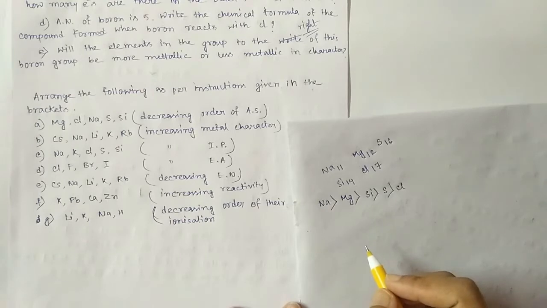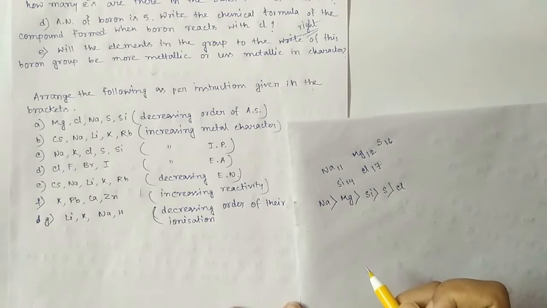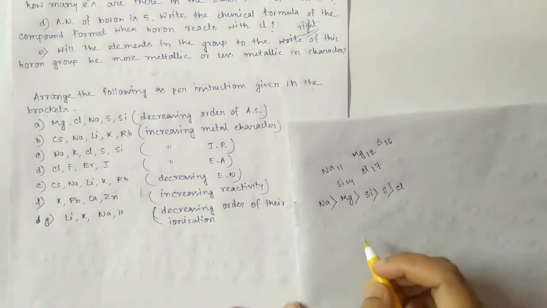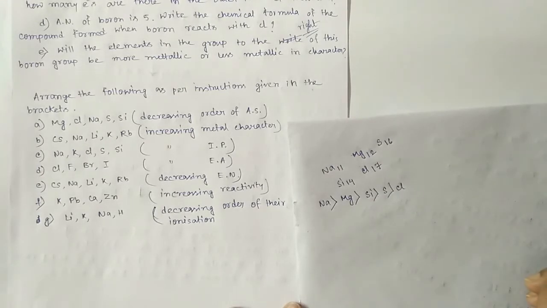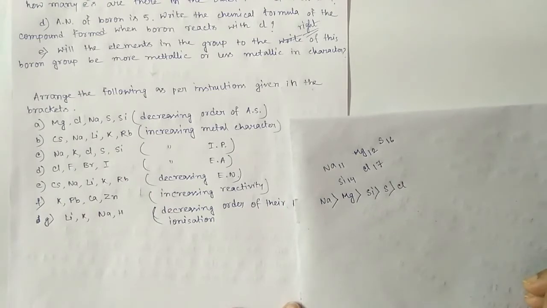So if an element has the highest tendency of losing electrons from its outermost shell, we will say that it has a very high metallic character. I have also told you that along a group, if we move from top to bottom, the metallic character gradually increases, because as the atomic size increases, the tendency to lose one electron from the outermost shell increases, and thus the metallic character increases.